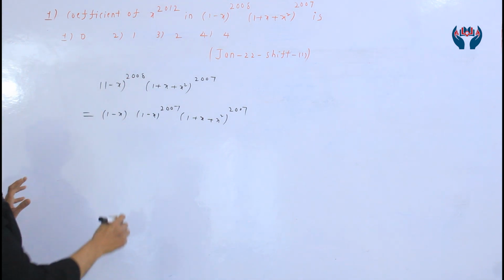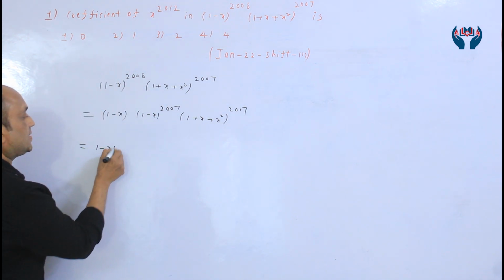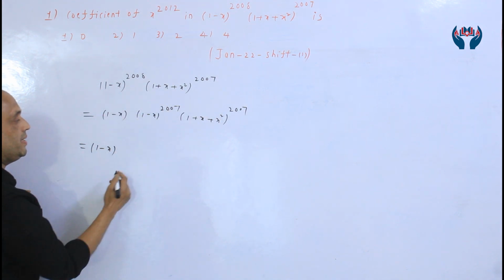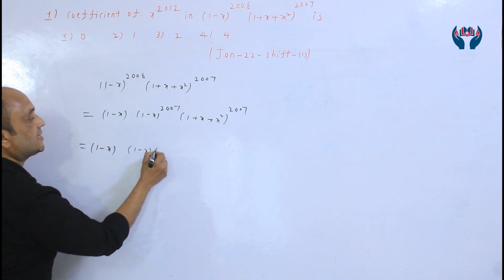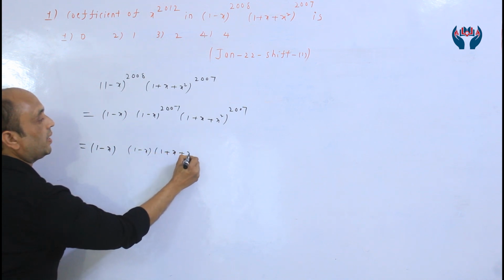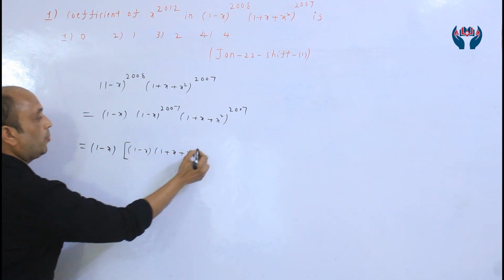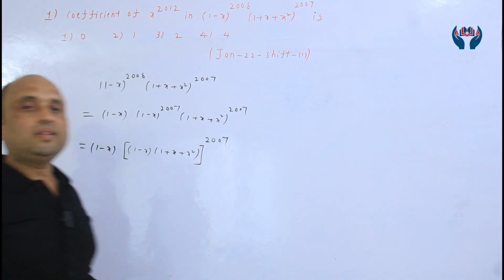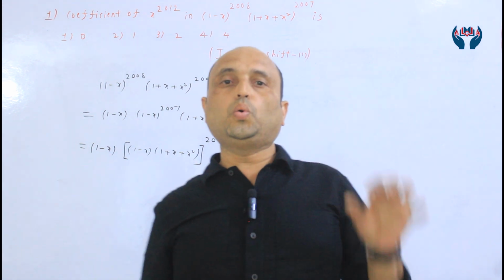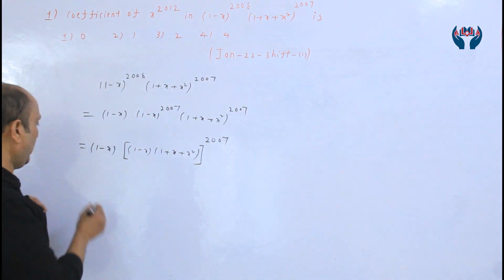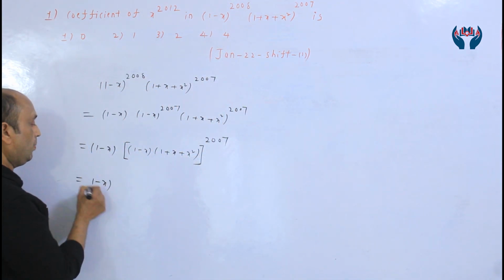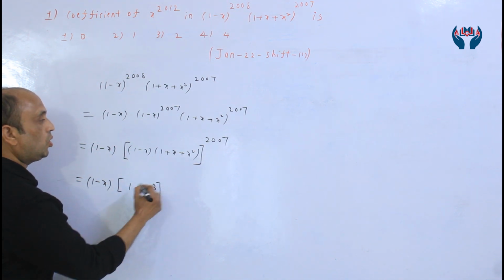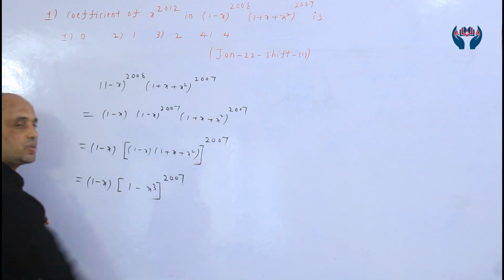Now powers are same, so just club the bases: 1 minus x into 1 plus x square whole to the power of 2007. This is in the form of a minus b into a square plus ab plus b square, that is equal to 1 minus x into a cube minus b cube whole to the power of 2007.